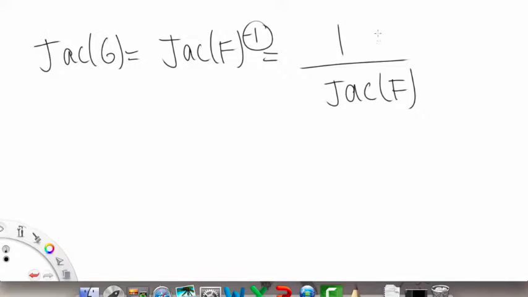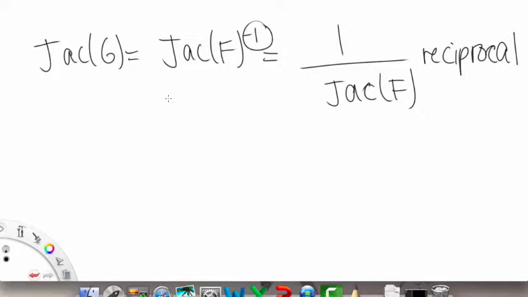So that just means it's 1 over Jacobian of f, all right? Remember the term reciprocal. So that's just useful to know when it's easier to go not from left to right, but from right to left, sending points from the xy plane into a different coordinate system.